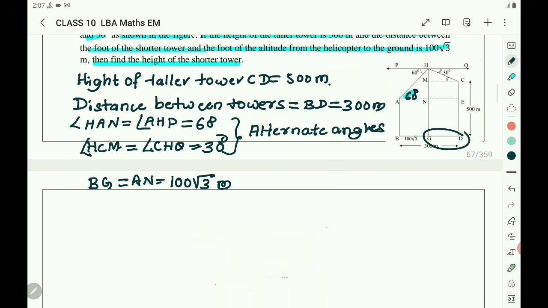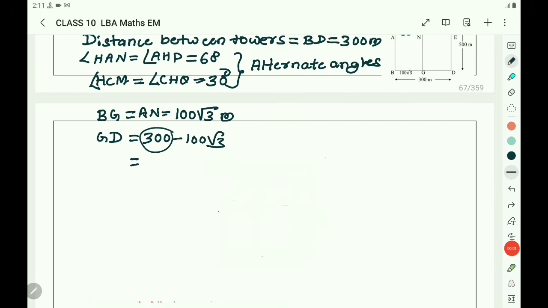Then what about GD? GD is required. GD is equal to 300 meter minus 100 root 3. 300 can be expressed as 100 into 3, minus 100 root 3.